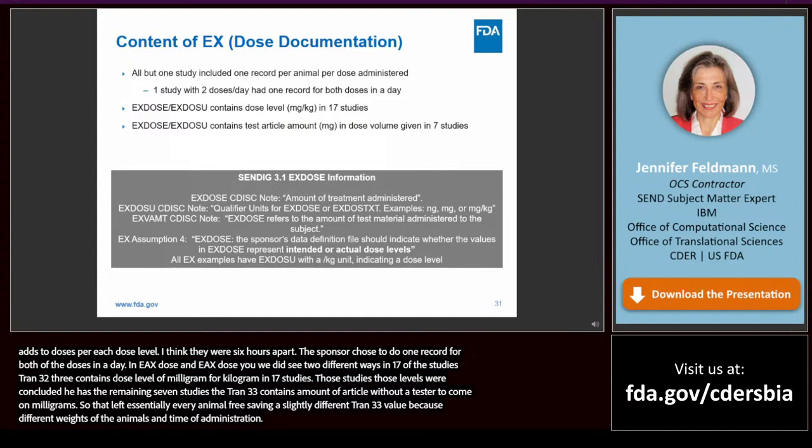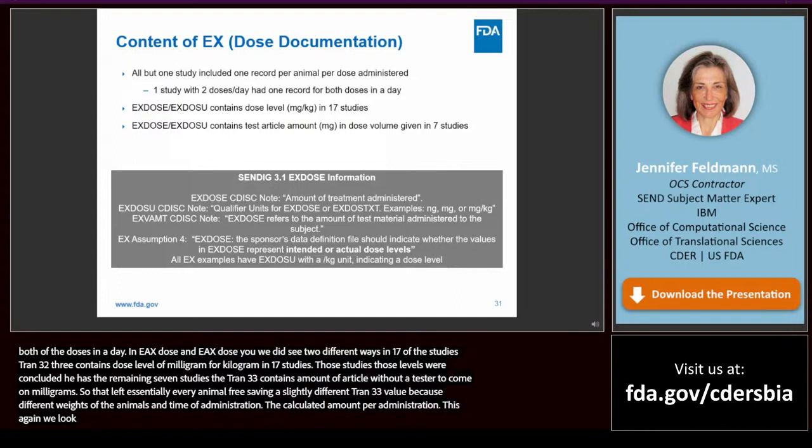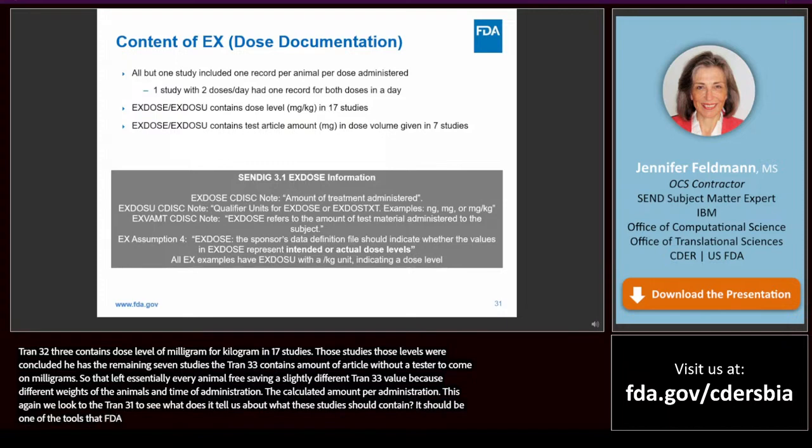So this again, we look to the SENDIG to see what does it tell us about what EX dose should contain. Because indeed, one of the tools that FDA uses looks into EX dose to get the dose level. And so what we see in the SENDIG is perhaps some confusion about the word amount. I mean, that can be a very ambiguous word.